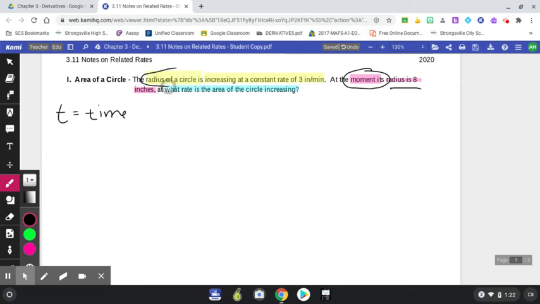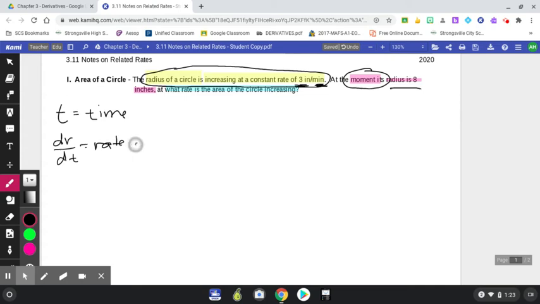But I do know that I have a rate at which the radius is changing, and that is with respect to time. Notice I have the unit for the radius in inches, and then per minute tells me that I do have a rate, okay? And so I'm going to say dr dt. That's my rate.